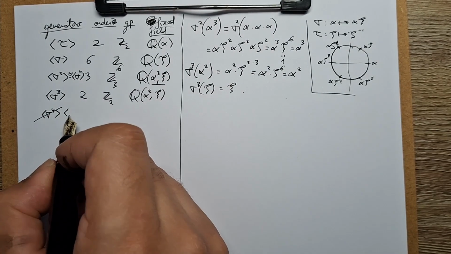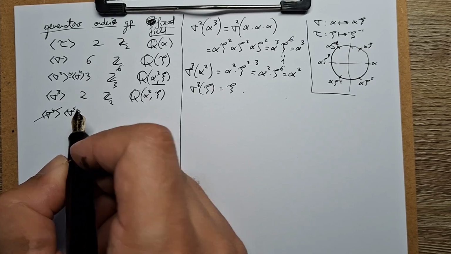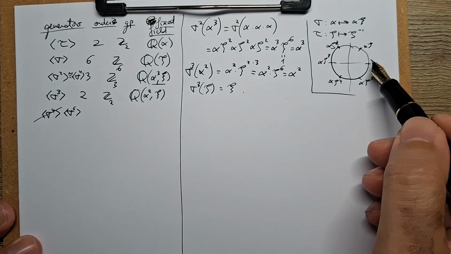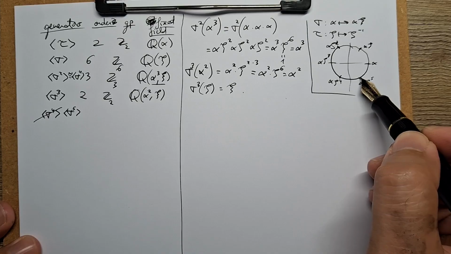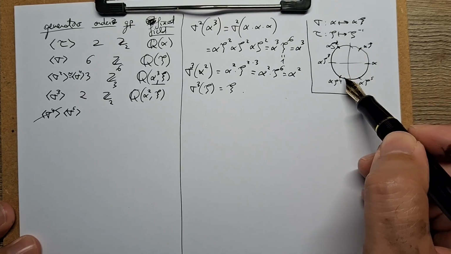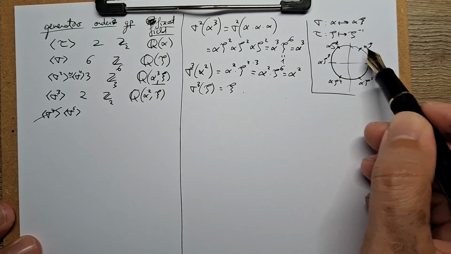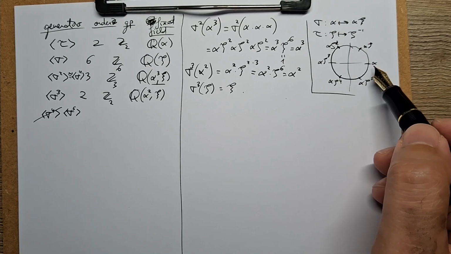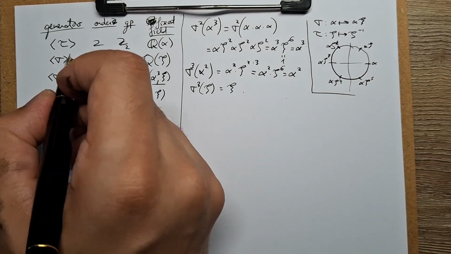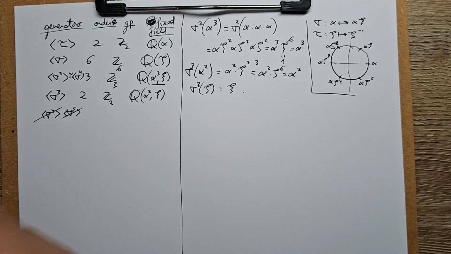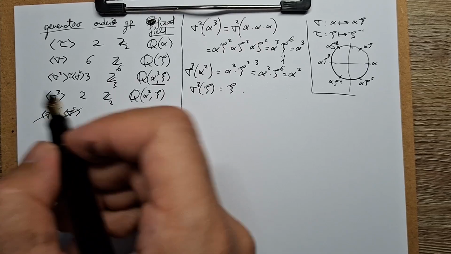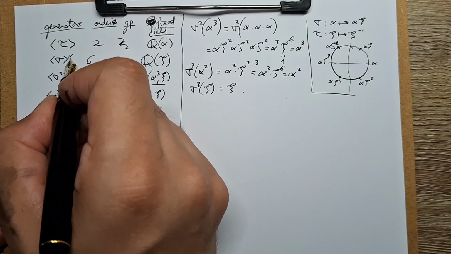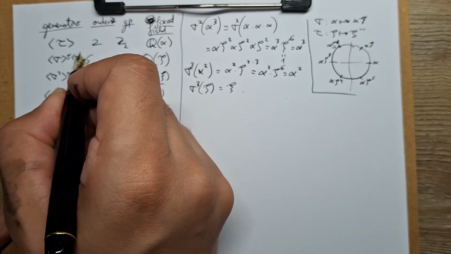So let's write it here. Now if you try the same with sigma to the power of 5, it goes here, and then at the next application goes 1 backwards, and keeps doing this, which is the same as applying the inverse of just sigma. So we also will count this as a subgroup. This is sigma to the 5.